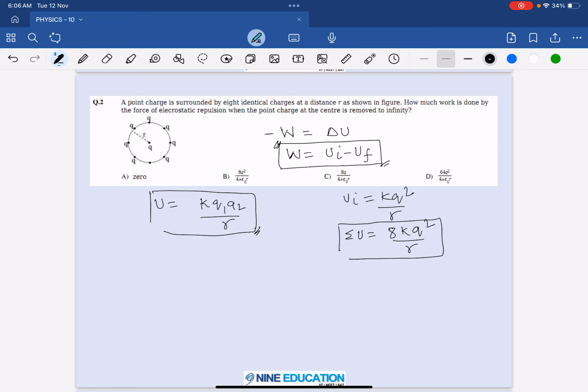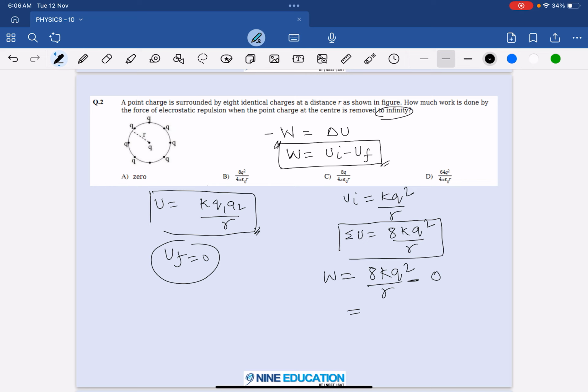When this charge goes to the final position, है ना, what would the final potential energy be? They are taking it to infinity, so the final potential energy is going to be 0 because this charge is basically going to be out of the system, correct? So what is my work done? My work done is going to become initial, which is 8kq square by r, minus final, which is 0.